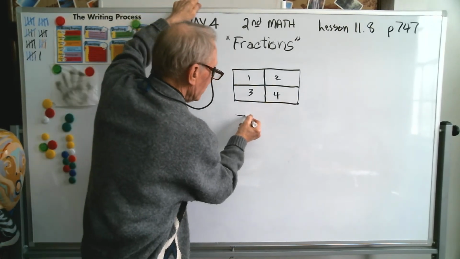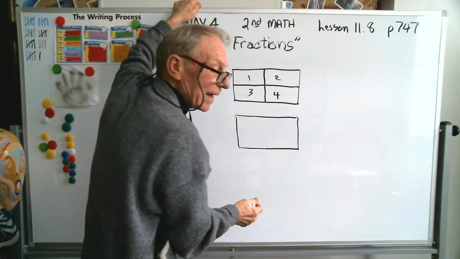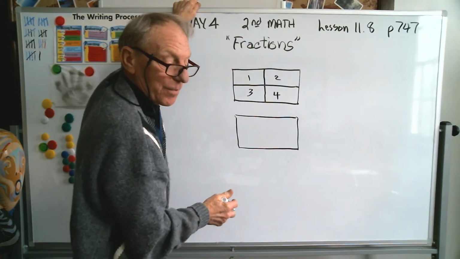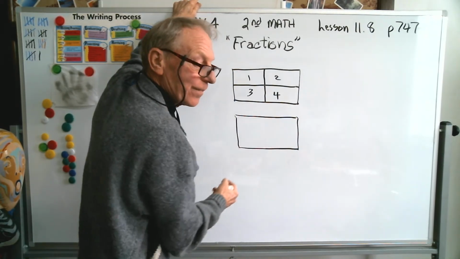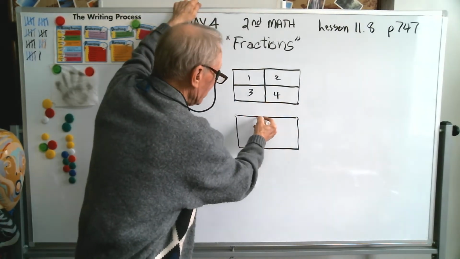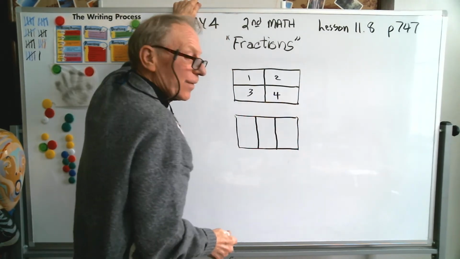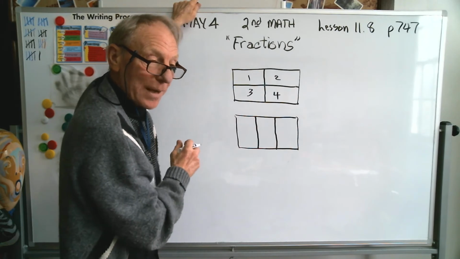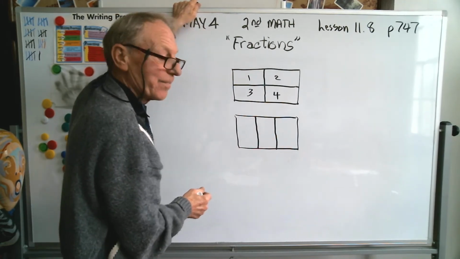3 parts, and there's always more than one way to do things. Now the book shows you by doing vertical lines into 3 parts, so you can break it into thirds or 3 parts, and each one of these would be the same.